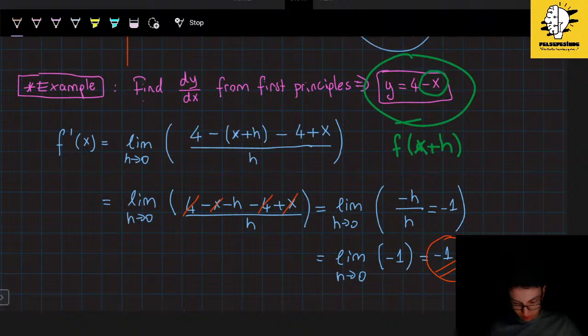We put 4 minus (x plus h) here, and then minus f(x), and we just put x here, and it doesn't change, minus (4 minus x). Be careful about the signs here.